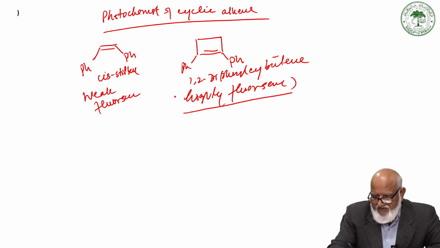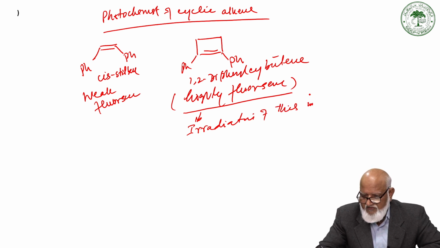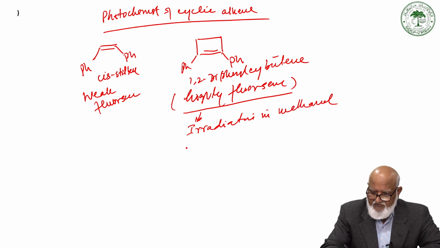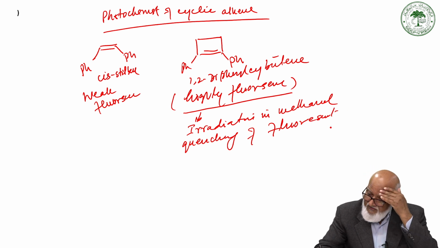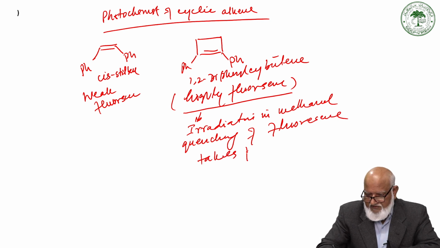So the highly fluorescent compound, on irradiation in methanol, undergoes quenching of fluorescence to give an ionic product.